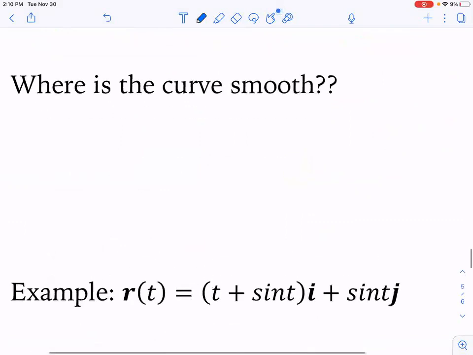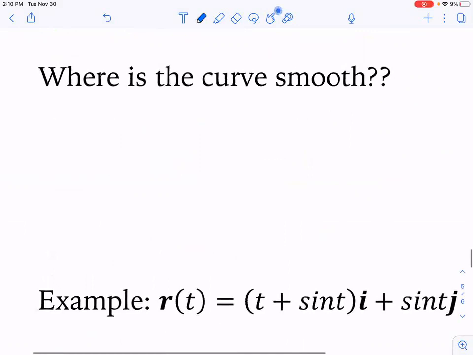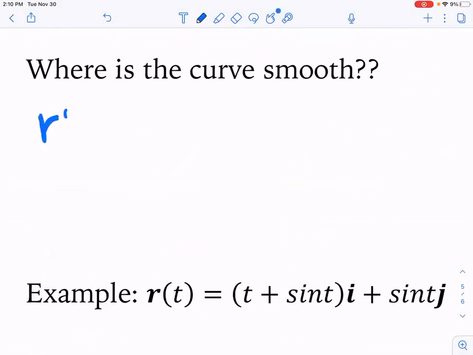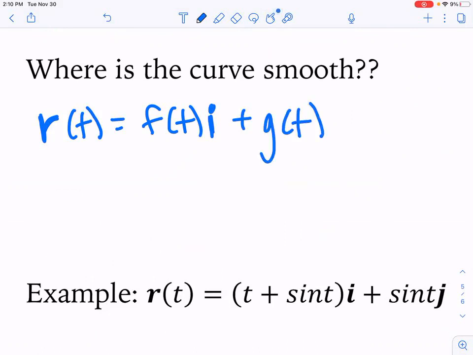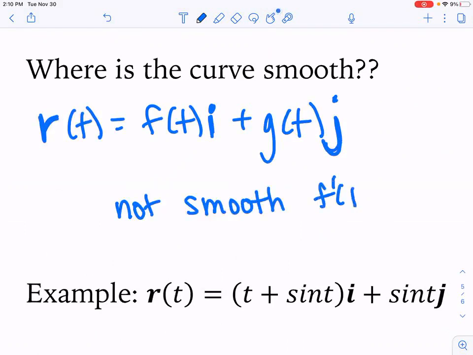So if we have a vector valued function, f of t i plus g of t j, then we are going to be not smooth anytime f prime of t and g prime of t are 0 at the same time. So it's going to be the same concept. We're just working with a vector valued function, so it's just presented to us in a different way.